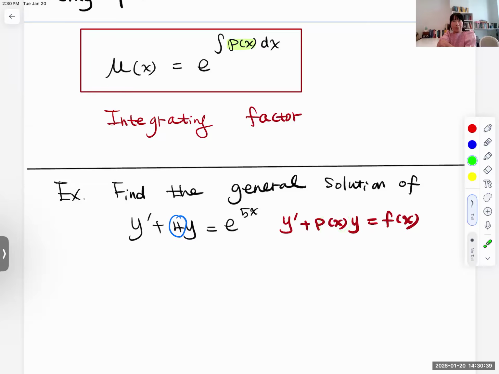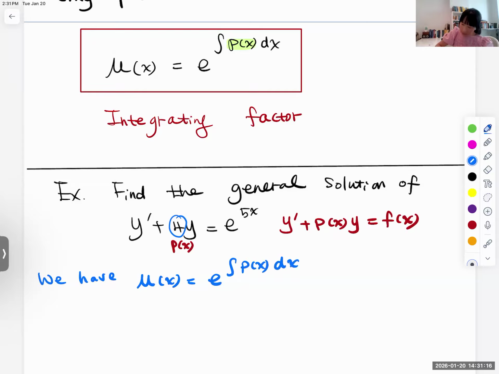Now we have mu of x equal to e to the integral of p of x dx. Here p of x is 4, make sense? So e to the integral of 4 dx.